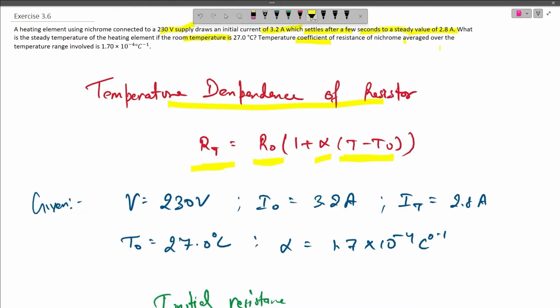Now in this question we have been given the potential difference, that is constant in this temperature range, I naught initial current through the resistor, IT, that is the final current through the resistor, initial temperature, and the temperature coefficient. So we have to find out what is the steady temperature, that is T final. T initial is given and we have to find out T final.